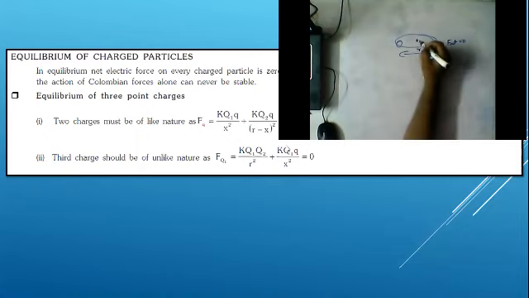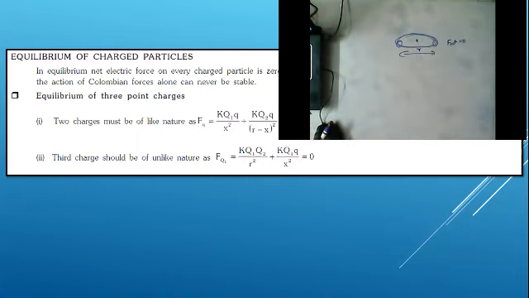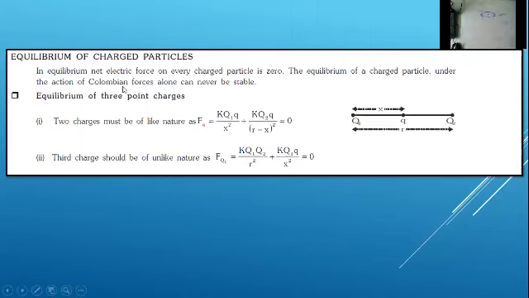What should be the condition for the net force to be equal to zero? Here we can write, in equilibrium, the net electric force on every charged particle is zero. That is, the net force on the whole system is zero. The equilibrium of a charged particle under the action of Coulombian forces alone can never be stable.